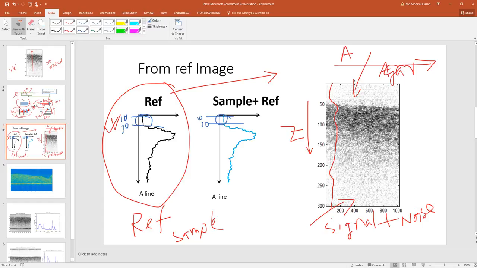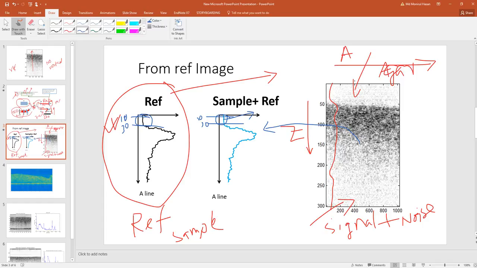Definitely the average intensity of the sample plus reference data will be higher, because this depth profile is generated from data where we collected both the sample arm and the reference arm data. It is the combination of sample arm power and reference arm power.